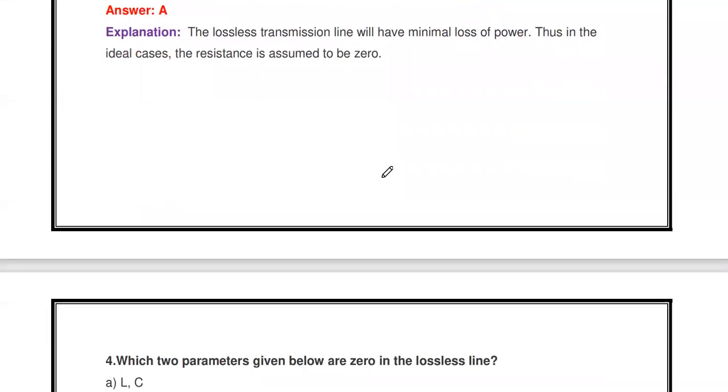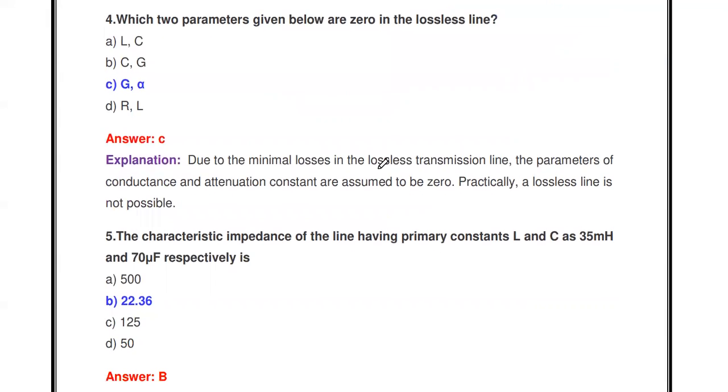Then the next question: which two parameters given below are 0 in the lossless line? There are primary and secondary parameters for a transmission line. Which two parameters are 0 in a lossless transmission line?